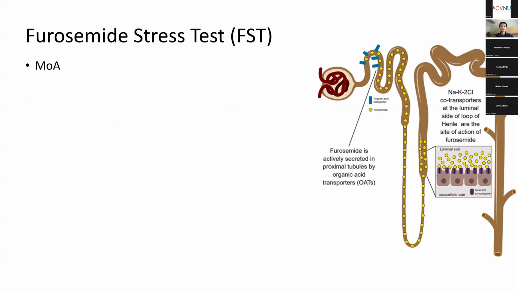As a quick refresher on the mechanism of action of furosemide: furosemide enters the bloodstream and must bind to albumin to be delivered.